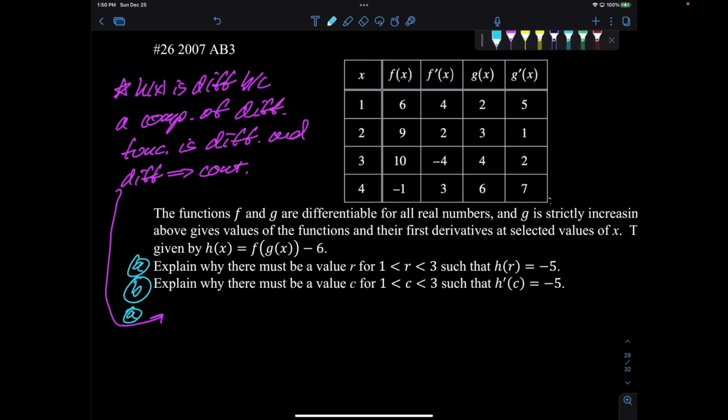Now I'm going to try to find h of 3. Well, I need h of 1 and h of 3.